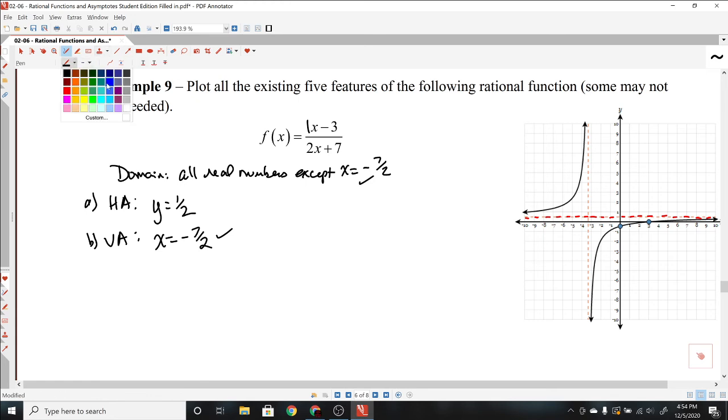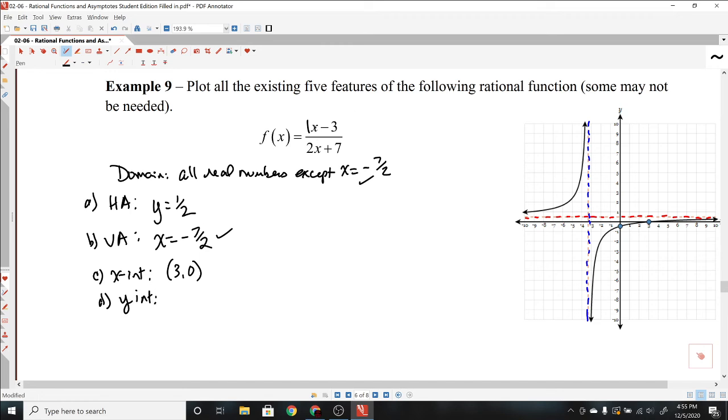All right, so the vertical asymptote, I go to -3.5, and I draw a vertical dotted line. C, x-intercept, wherever the numerator is 0, which happens at 3, as long as the denominator is not 0, which it's not. So go to (3, 0), put your x-intercept in.